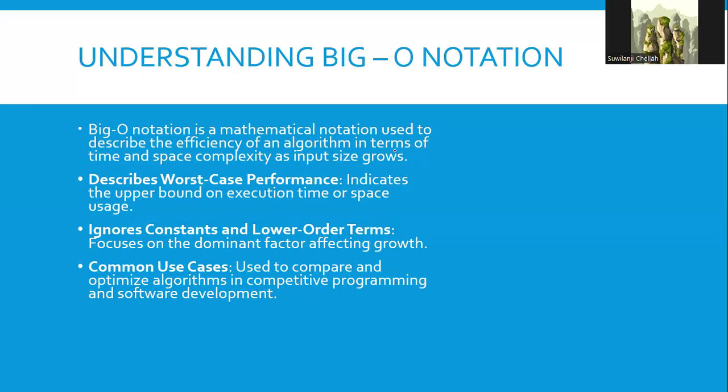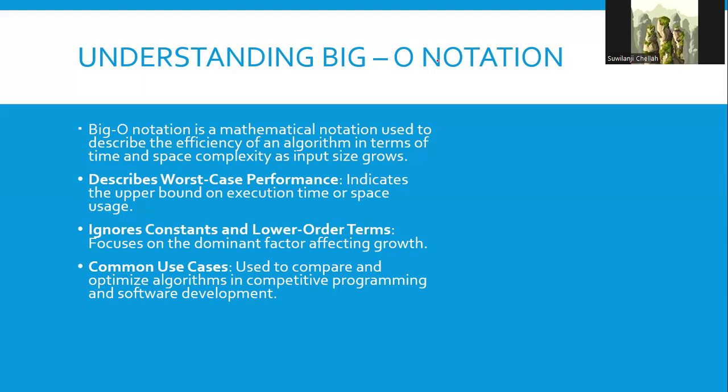What this means is we're using mathematical notation to understand how algorithms work, how fast they grow. So big O notation helps us understand how much time an algorithm is going to take to execute, or how much space it accumulates as it's running its program. I hope that makes sense.